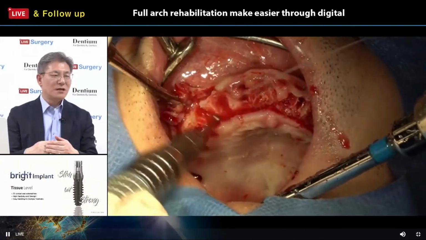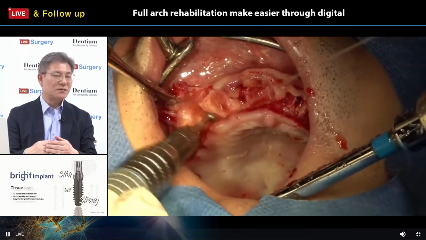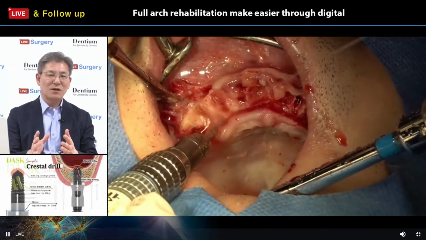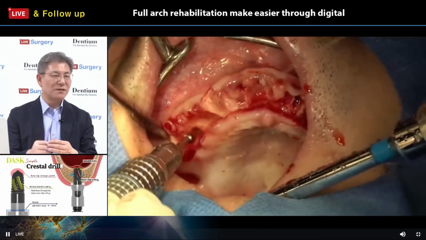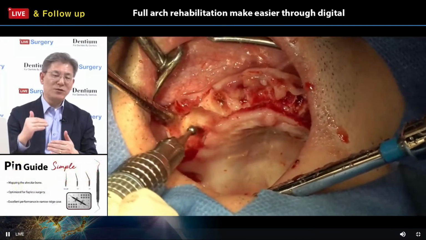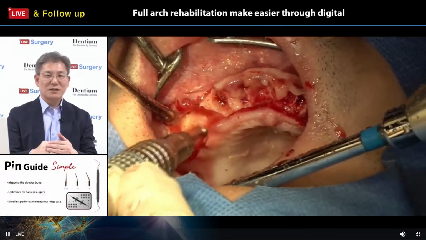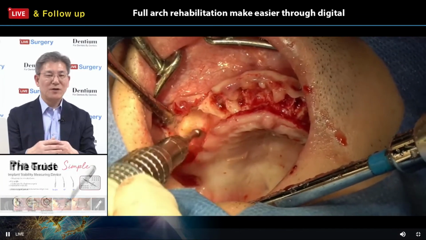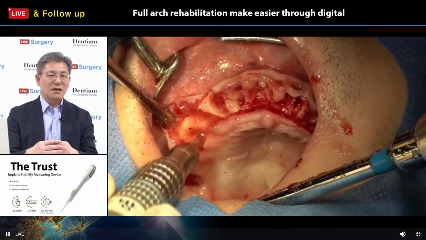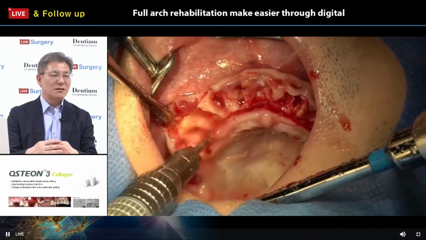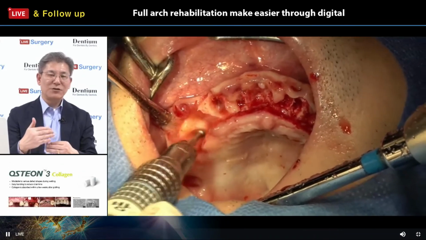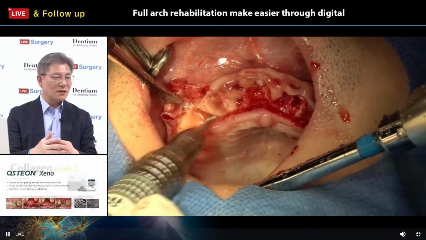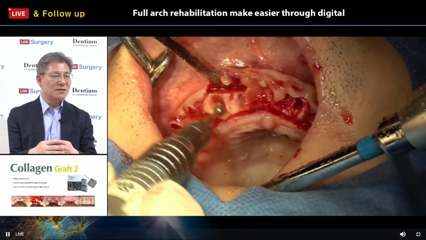As you can see, that is all we have. The alveolar bone ridge width is enough. Actually, vertically it is reduced. As I mentioned before, can you remember the intraoral view, the panoramic view and the CT scan? The vertical height is reduced, however, the horizontal width is still remaining in this situation.